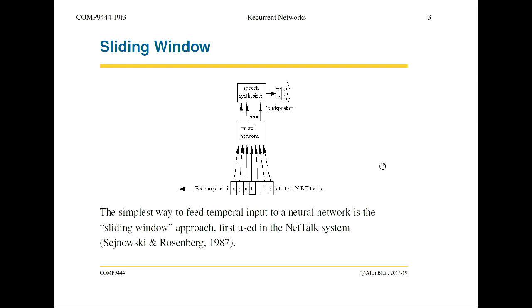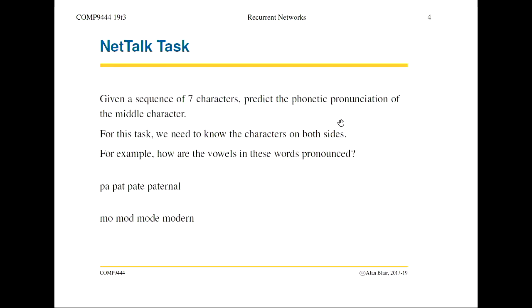Now when you first look at this task, you might wonder why this context is needed, because if it's a T, it should be pronounced T, right? You'd think that. But especially when it comes to vowels, you often do need some context. English has a lot of different kinds of vowels, and you often need context to figure out how a vowel should be pronounced.